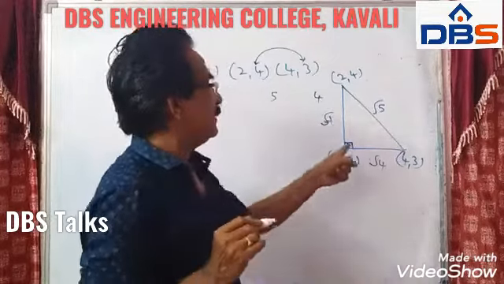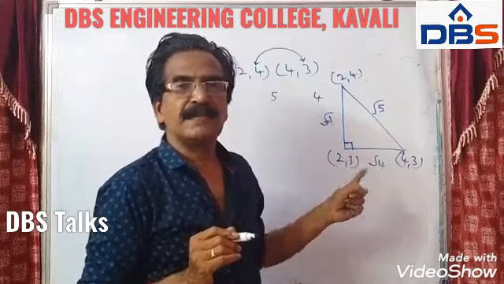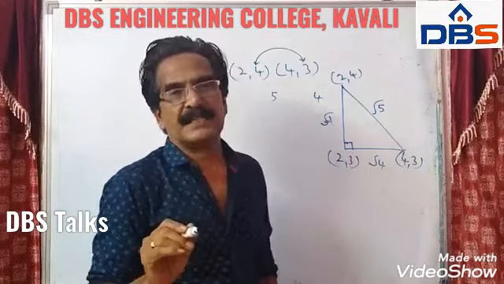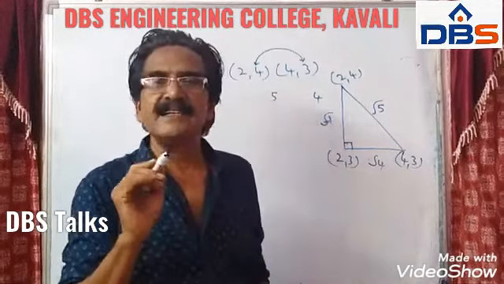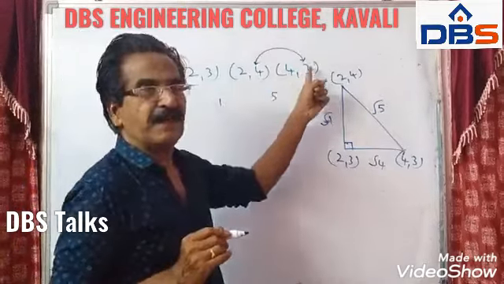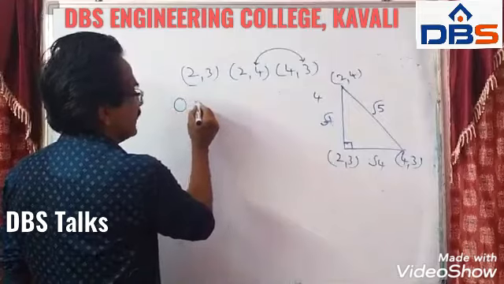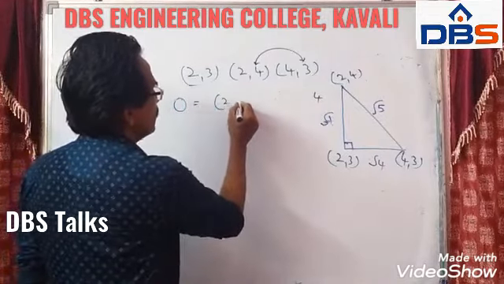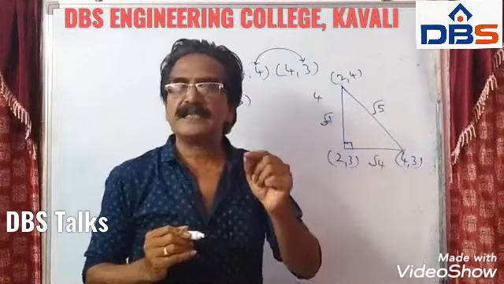So the remaining vertex (2, 3) is the orthocenter. At the point (2, 3), the right angle is formed. So for these 3 points, the orthocenter is (2, 3). This is one important concept.